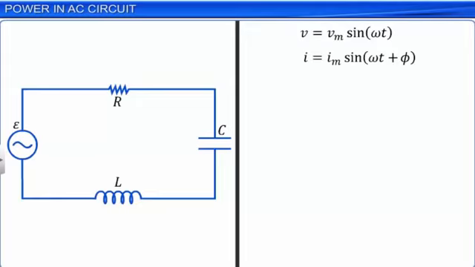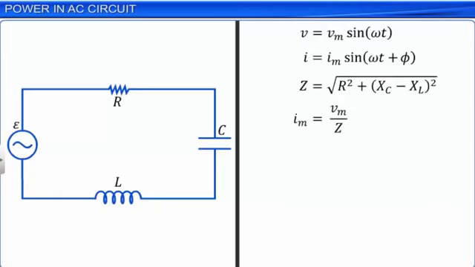We know that in an LCR AC circuit, impedance Z is equal to square root of R square plus (XC minus XL) square, and Im is equal to Vm by Z. Here, XC is the capacitive reactance and XL is the inductive reactance of the circuit.